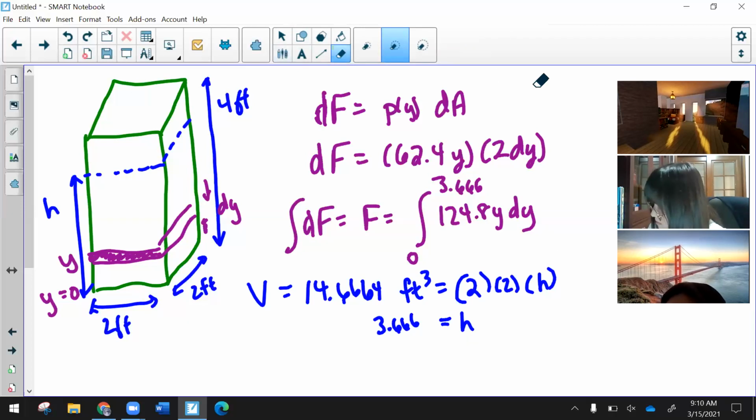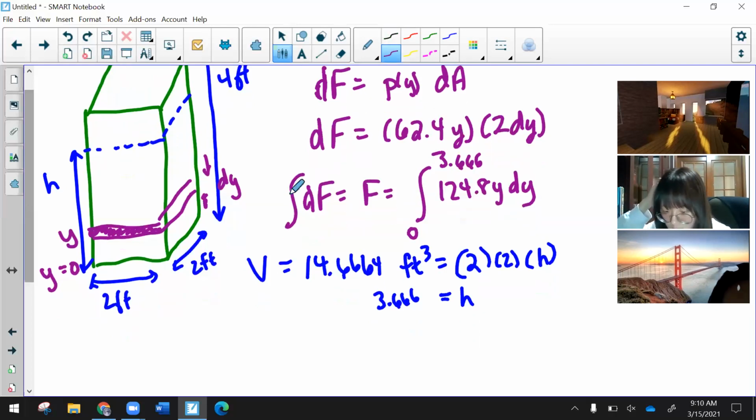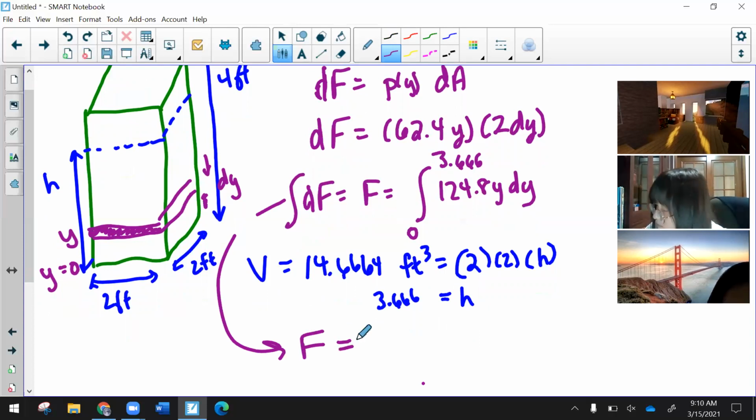So everybody understand where that's coming from? Okay. All right, then what you can do is solve your integral and tell me what the fluid pressure is. Sorry, what the fluid force is.